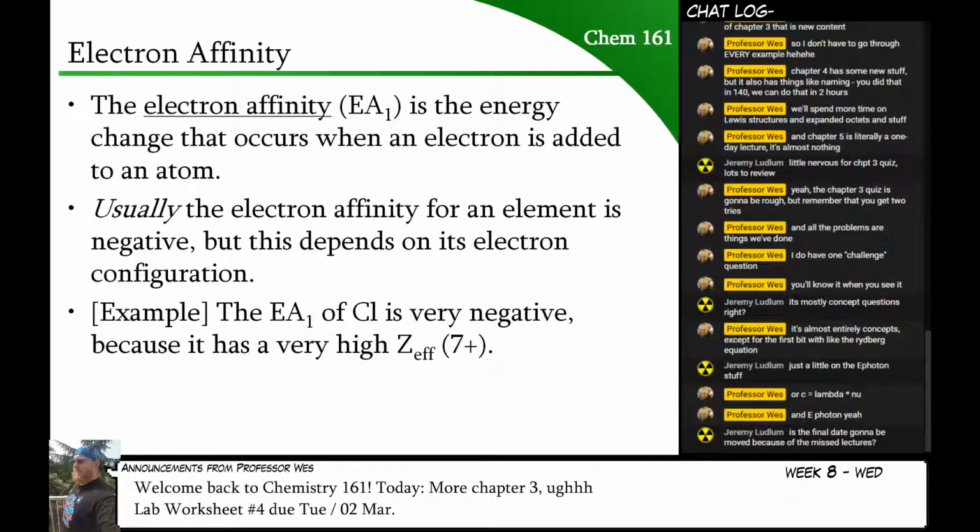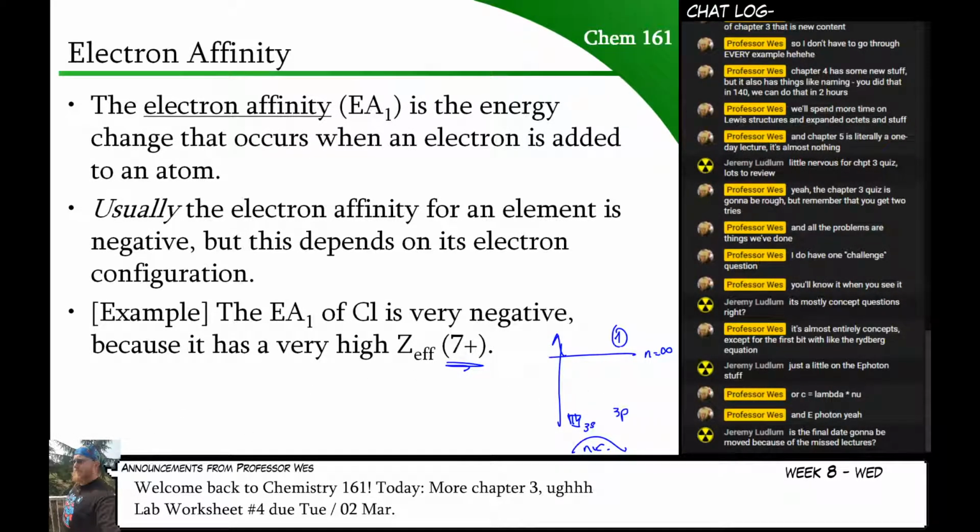Now, for things like chlorine, it has a very high Z effective. And if I had my diagram on the screen still, chlorine looks like this. So here's 3s and 3p. There's the nucleus. My electron's going to fall into, so if I have chlorine, I'm going to have an empty space right here.